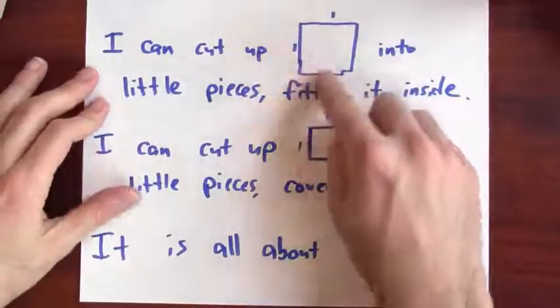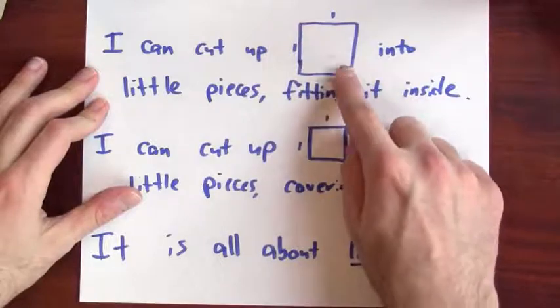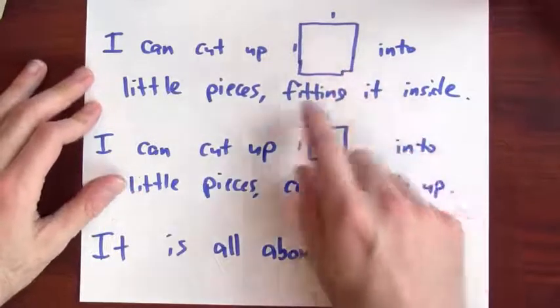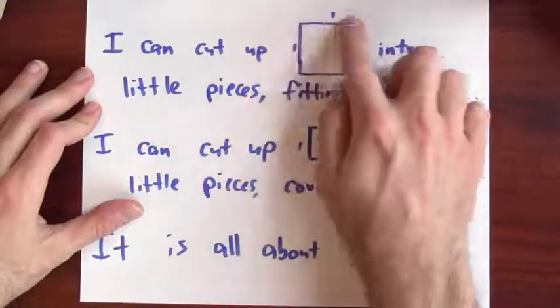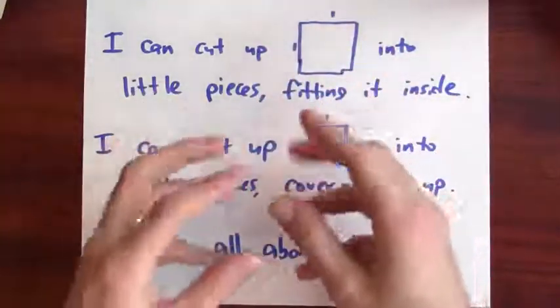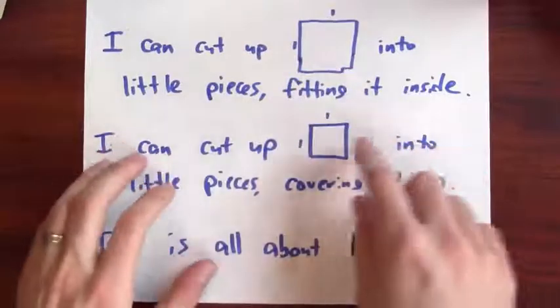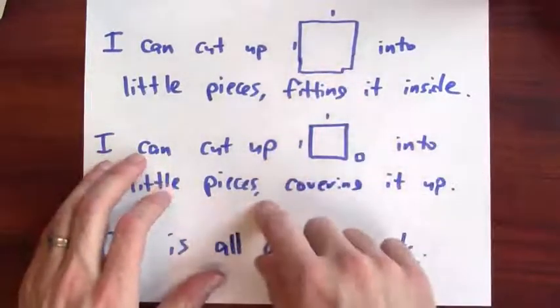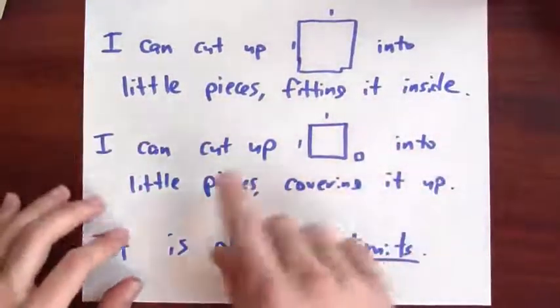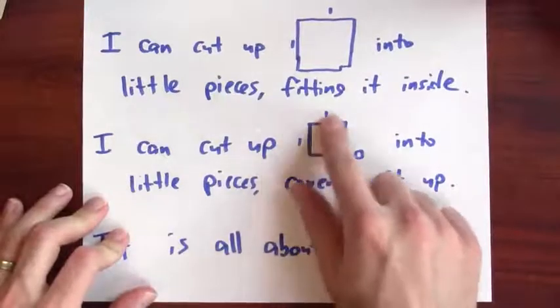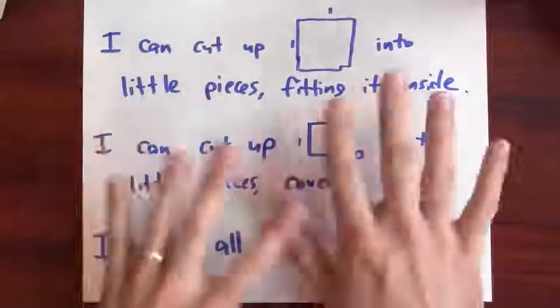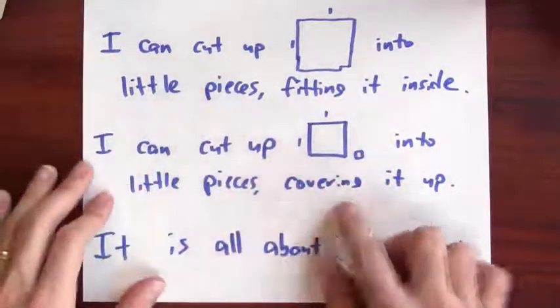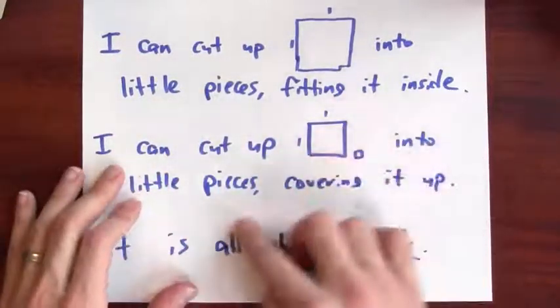I mean that if I had a square with just a little tiny corner nicked off of it, I could take that thing that has area just under 1 unit and chop it up into little pieces and fit that thing entirely inside my curved region. Conversely, I mean that I could take a square of side length 1 and just a little bit of extra area, and I could cut that thing up into little tiny pieces and cover up my curved region.